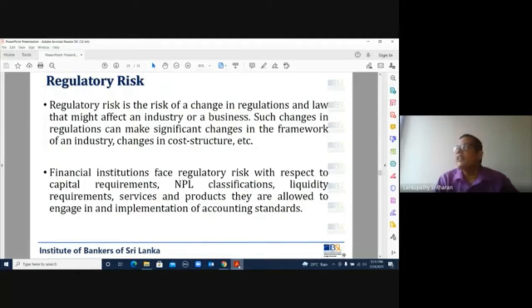Or sometimes the regulator may say that you have to bring more capital to the business. In that scenario also, the bank or company may struggle to bring that capital. It may be highly costly, and sometimes it may affect their business continuity due to the change in regulations. Not only financial regulation, sometimes environmental regulations too.